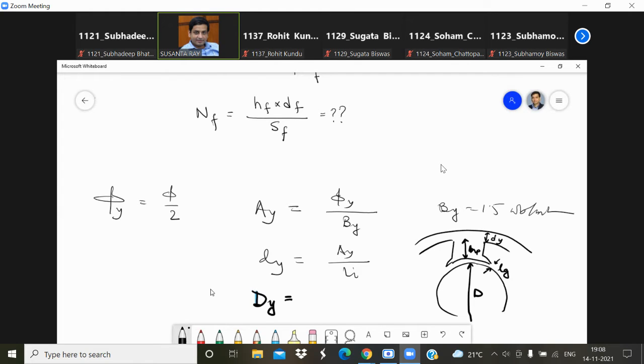So all these things will be added twice with D, then only you can have the Dy, isn't it? So starting from Lg, then pole height, and then the depth of the yoke. These are the things you have to add, and then multiply by 2 because you have to take both sides. With the main dimension D, you then get the outer diameter of the yoke.